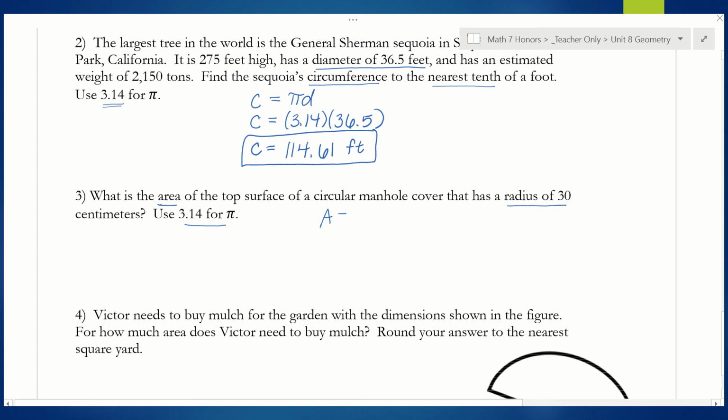Area equals pi r squared. 3.14 for pi, 30 for the radius, and let's type that in. So I'm getting 2,826, and this is centimeters squared.